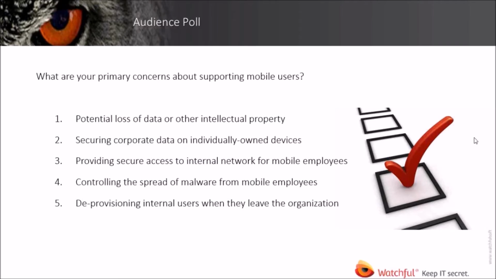So I think this is kind of a sliding scale of the complexity of why you want to roll out security tools for mobile users. And so I think really the primary one is that loss of intellectual property or corporate data. That goes hand in hand with securing corporate data on BYOD.